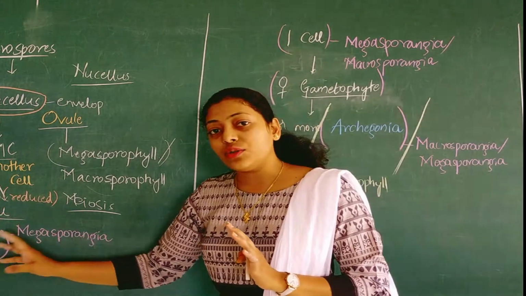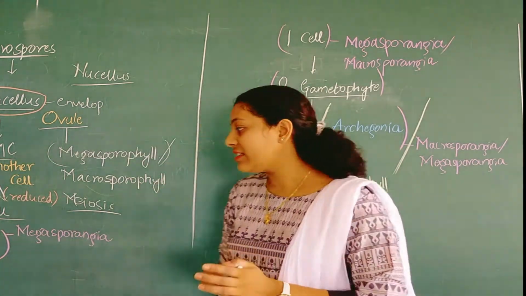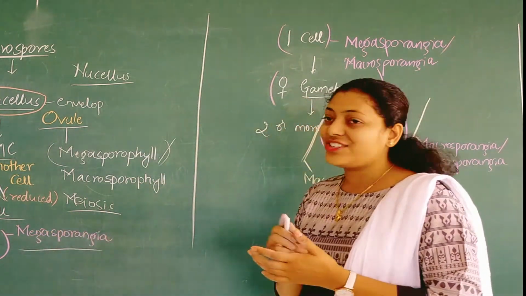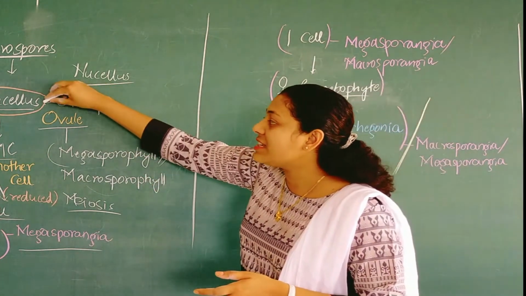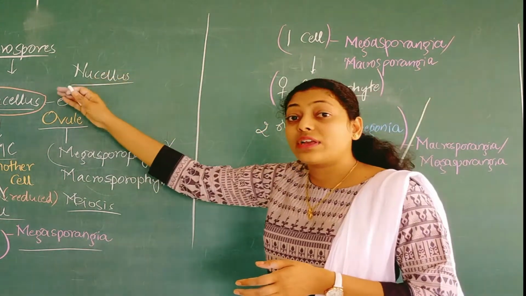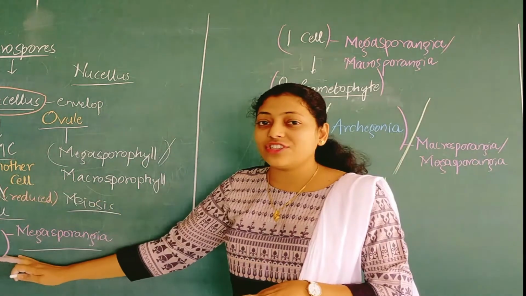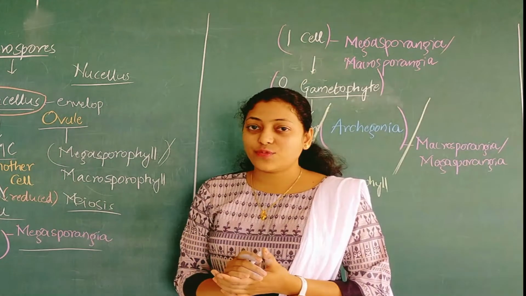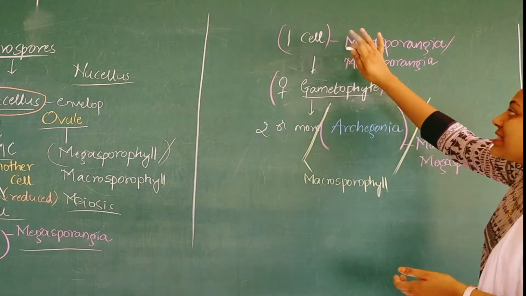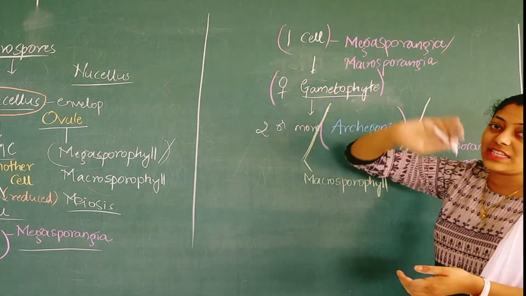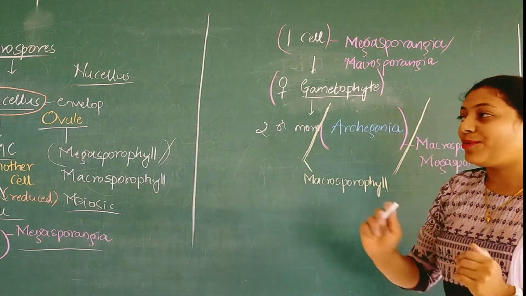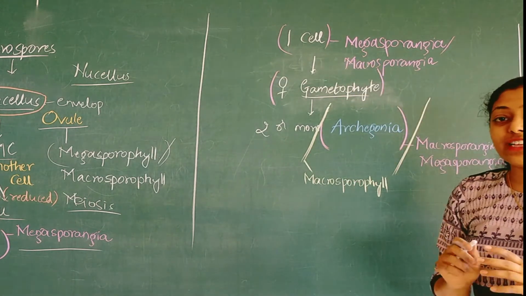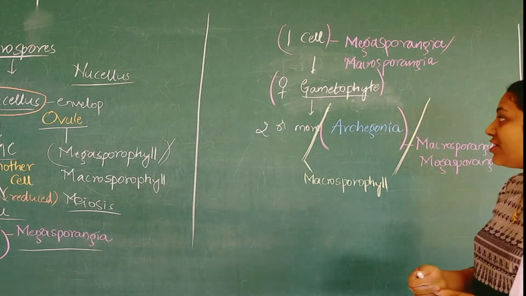The covering is just an envelope, which further differentiates to form a particular structure called megasporangia. The one cell which is selected is covered with a protective covering called megasporangia or macrosporangia.